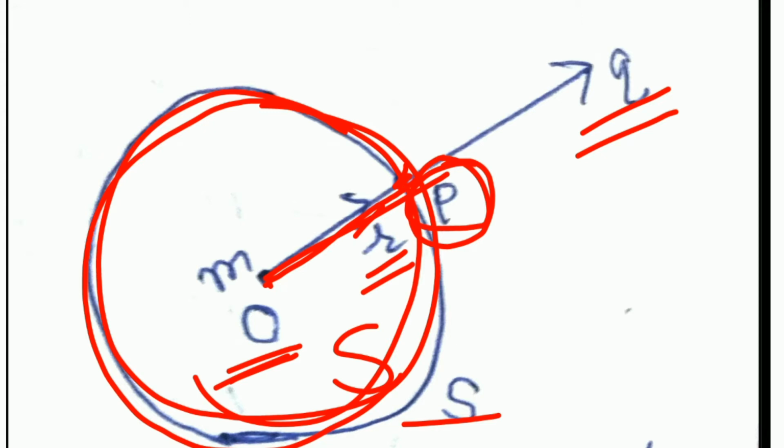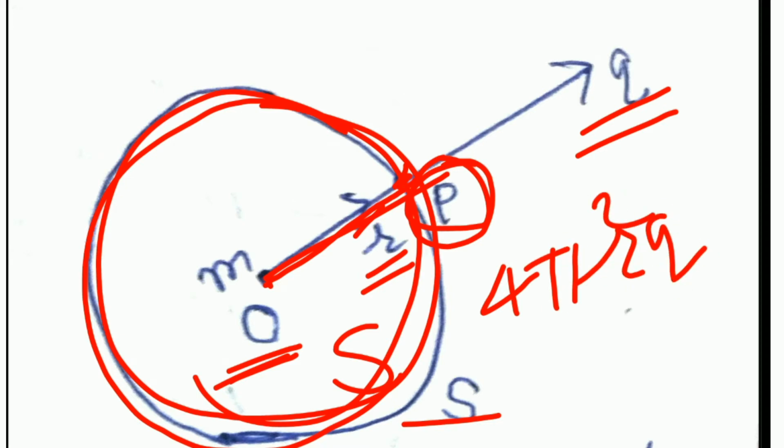The volume of the fluid crossing S per unit time is 4 pi r square q, and that emitted from this O per unit time is 4 pi m.